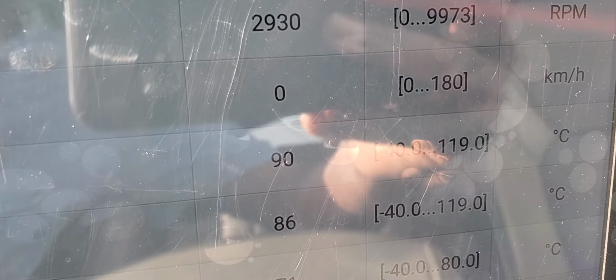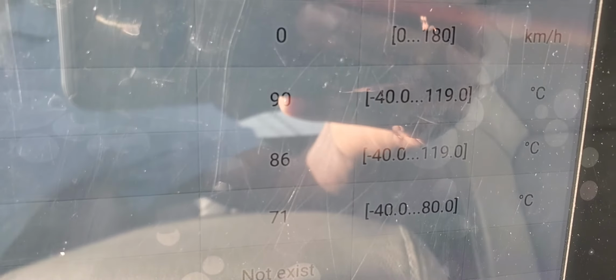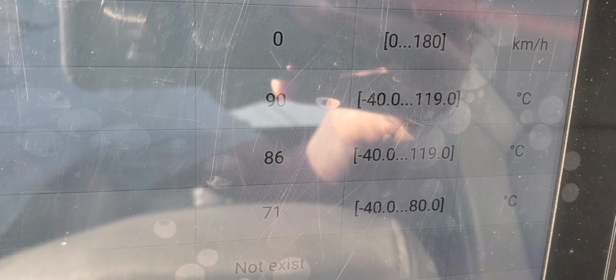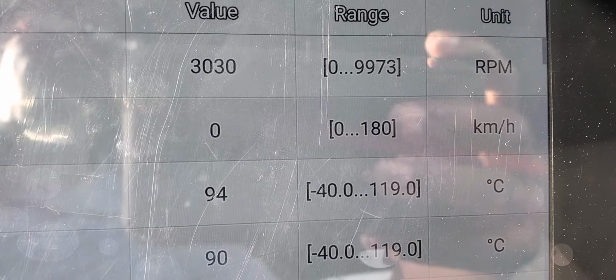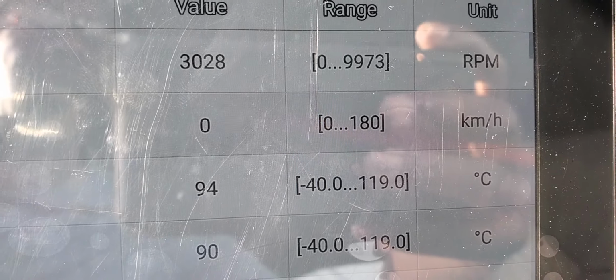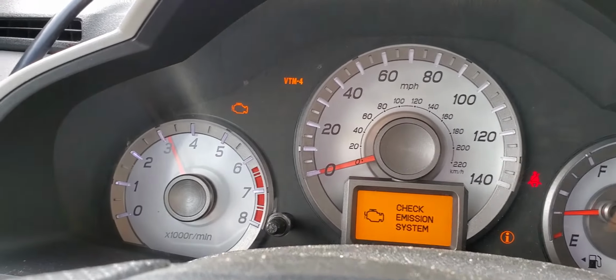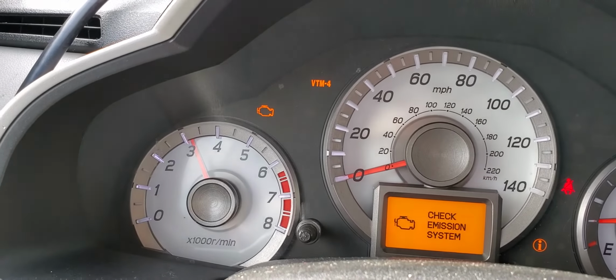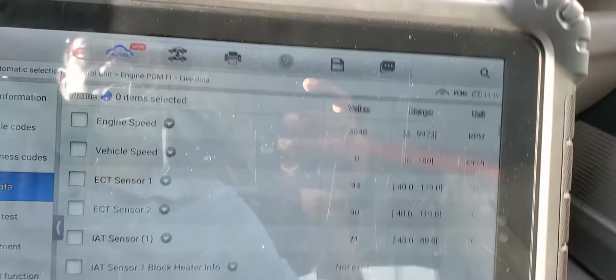Now we are at 90 degrees. If you have the data, depend on the data. Because right now it's 3280, but there is like 3000 and up. If you go back to 3000 there, it will not give you the same way.